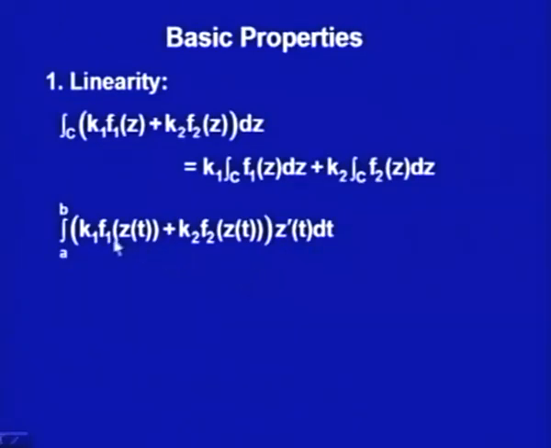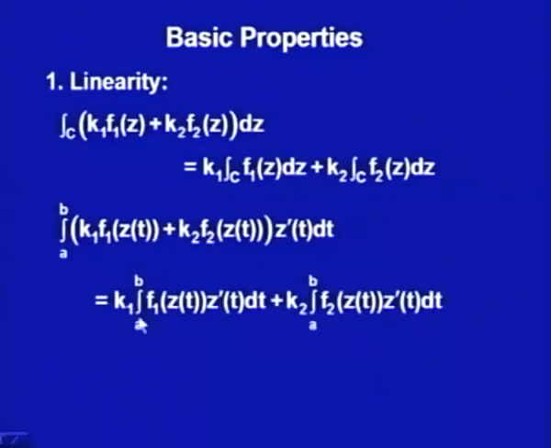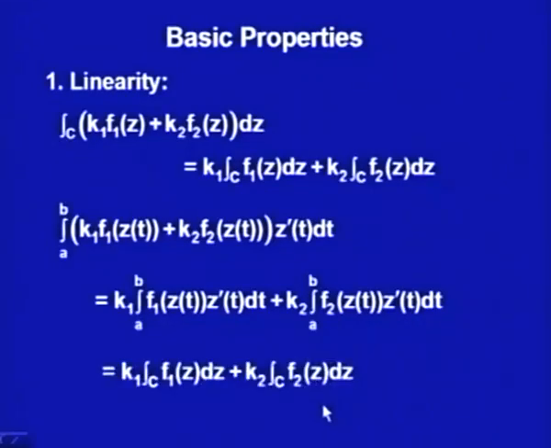Now we can use the definition to make it two integrals, and then we would be getting k1 integral a to b f1(z(t)) z dash(t) dt plus k2 integral a to b f2(z(t)) z dash(t) dt. This is nothing but the contour integral of f1(z), and this is nothing but the contour integral of f2(z). Thus linearity is kept, which says that the contour integral is a linear operator.